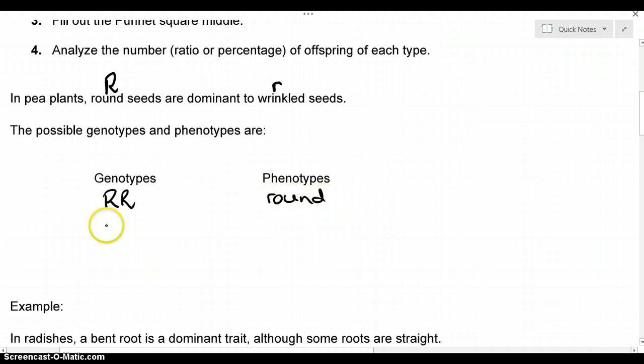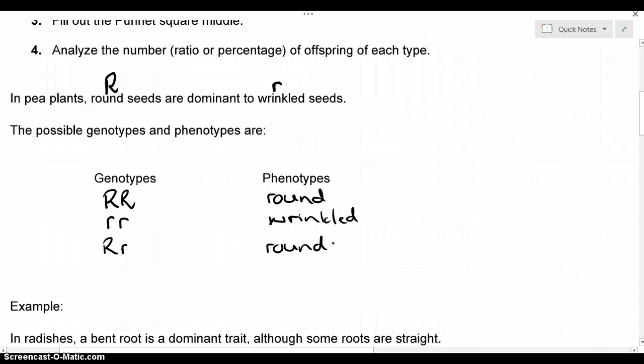We can have homozygous recessive, which means that we will definitely have wrinkled seeds, and we can obviously have the heterozygous capital R and small r, which means that we will have round seeds because of the dominant trait being present.